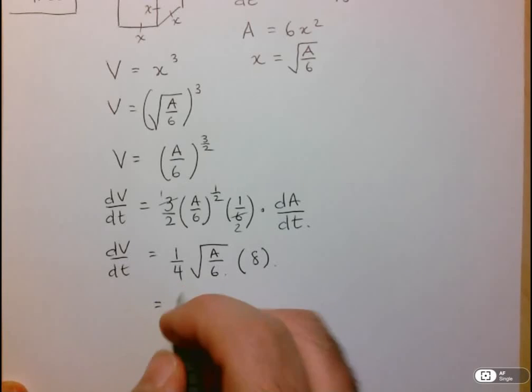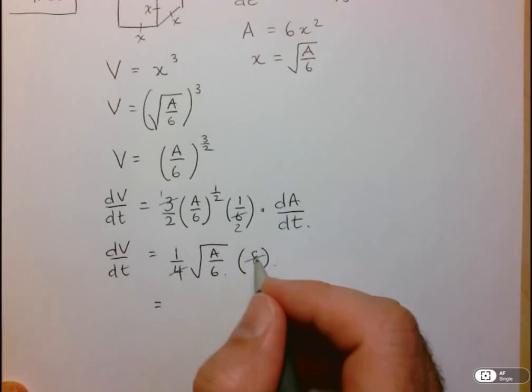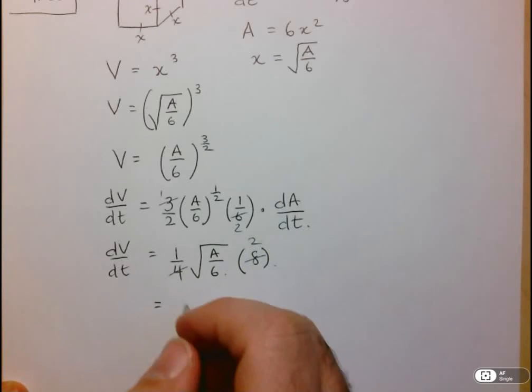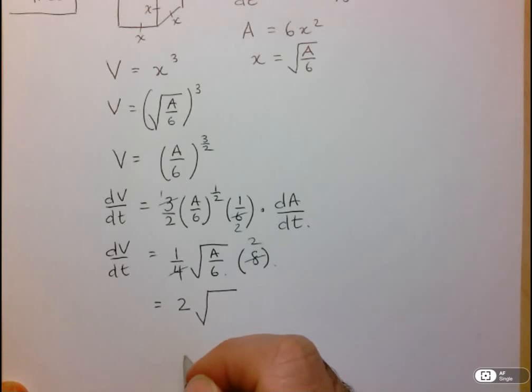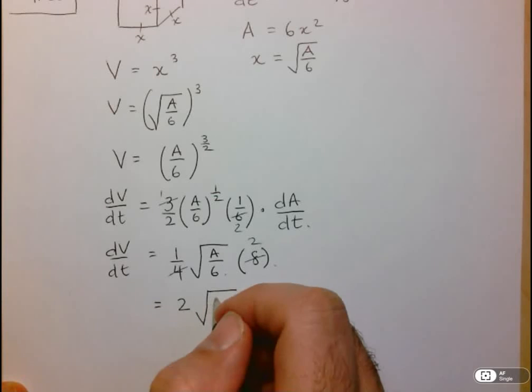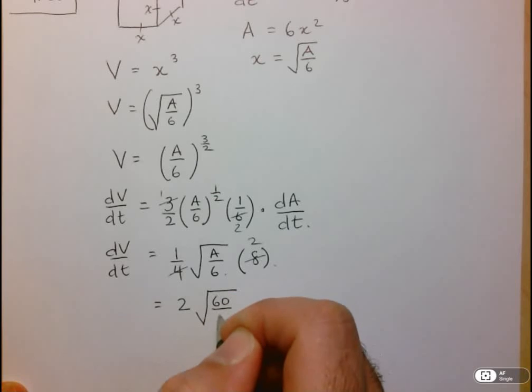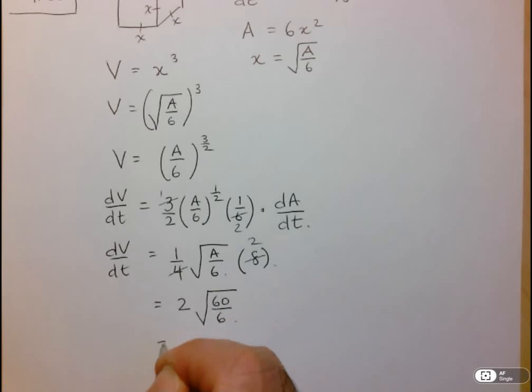So first, 8 over 4 gives me 2. So this is 2 times the square root, and they're telling me that the area at the given moment is 60 centimeters squared, over 6. So this gives me 2 root 10.